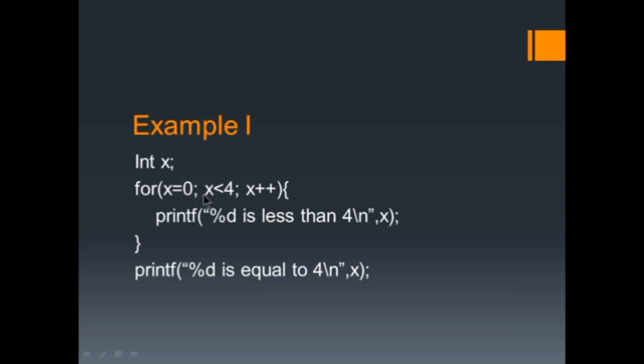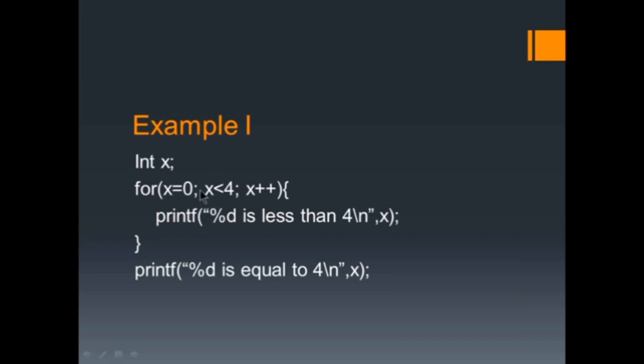So 1 is again sent here for checking the condition. 1 is obviously less than 4, and it will be executed, and the new value of x will be 1. So 1 is less than 4, \n. Again the control will go here and increments. So x++ is 1 plus 1, which is 2, and 2 will again go here and get reassigned, so x will be 2.